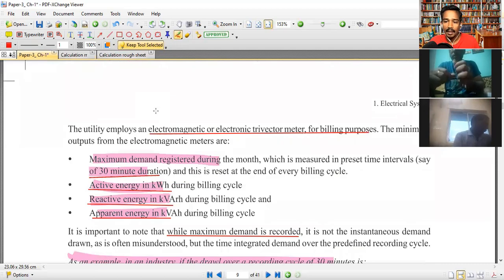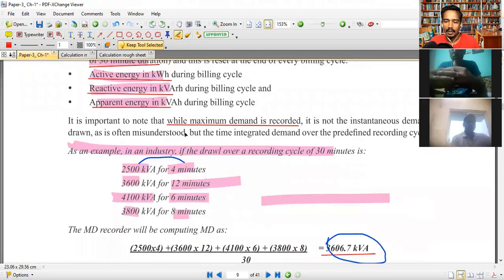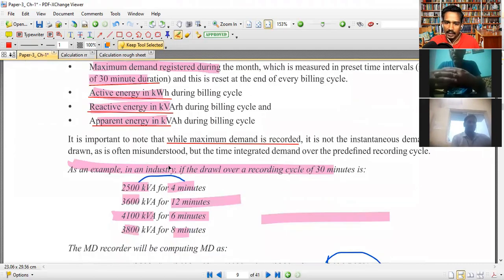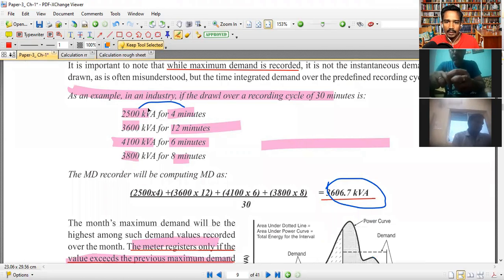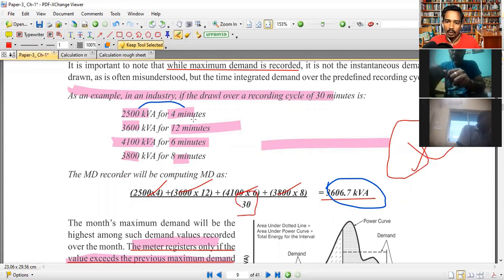This is the maximum demand calculation. Only a 30 minute cycle. You can see 2500 kVA for 4 minutes, 3600 kVA for 12 minutes, 4100 kVA for 6 minutes, 3800 kVA for 8 minutes. Then you multiply 2500 into 4 minutes, and so on. The total comes to 1 mark. Every time they ask, divide by 30 minutes. Total calculation: 4, 12, 6, 8.